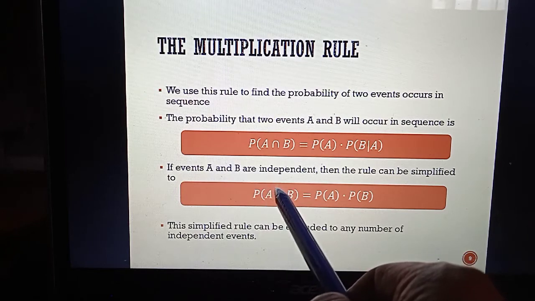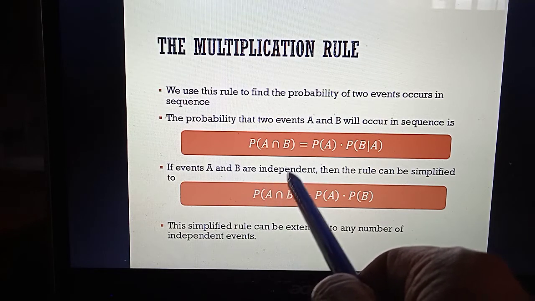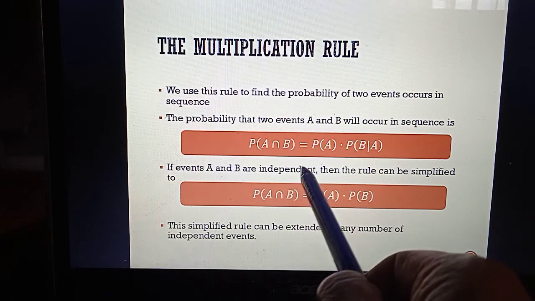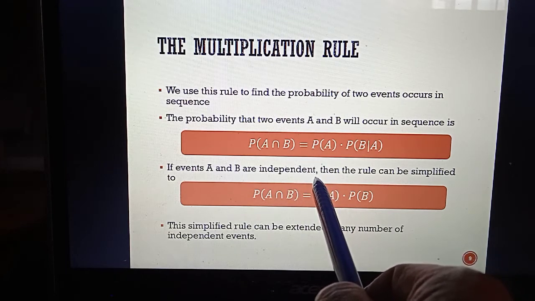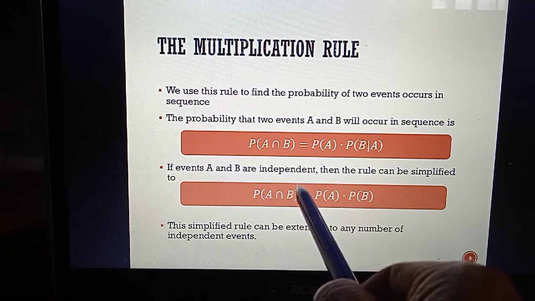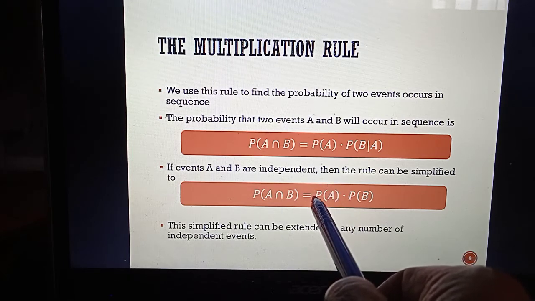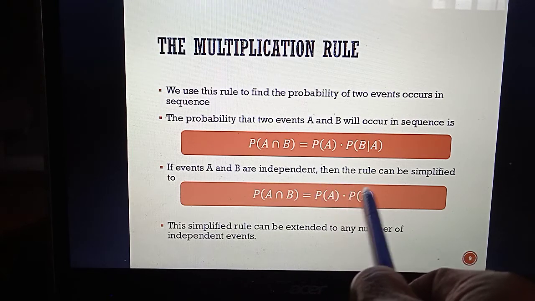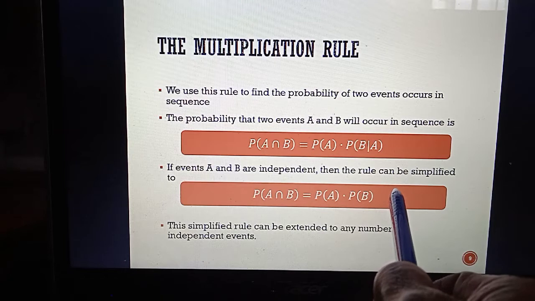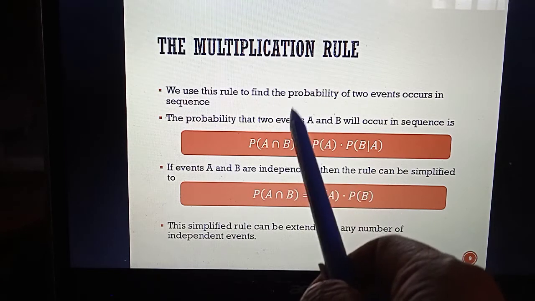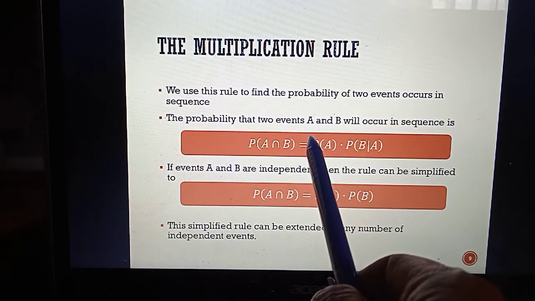Kita boleh apply kepada event yang lebih daripada 2, 3 seterusnya. Kalau semua event tu independent, A intersect B intersect C intersect D and so on akan sama dengan probability A darab probability B darab probability C darab probability D and so on. So this is the multiplication rule.